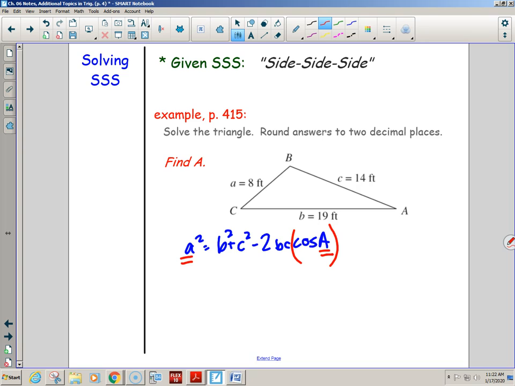Get it alone, right? How would you get cosine alone? Well, I'd subtract this. PEMDAS. I'd subtract that. I would divide this. And then I would have this alone.